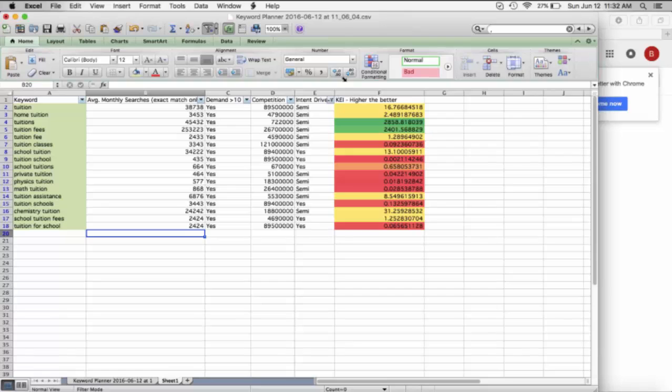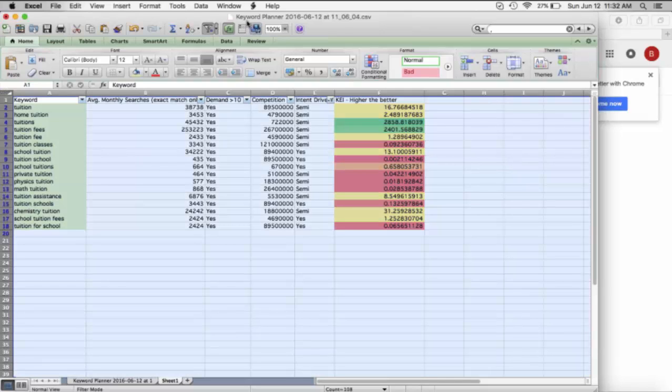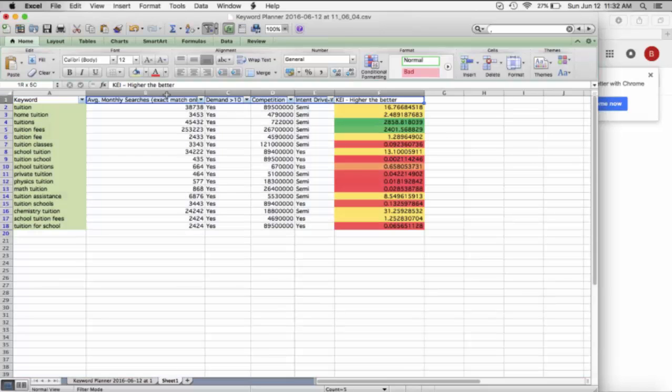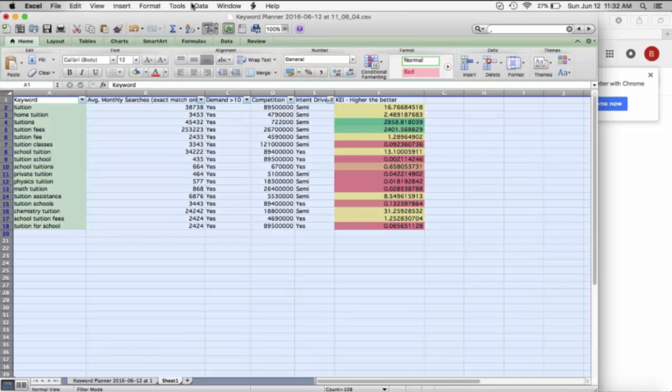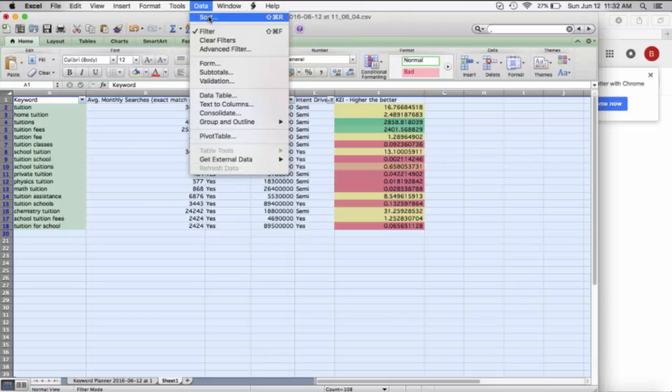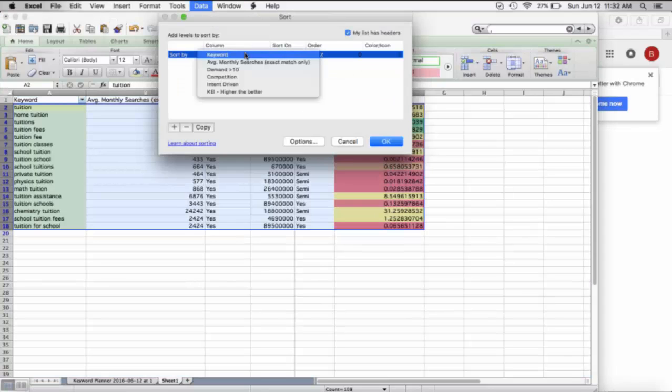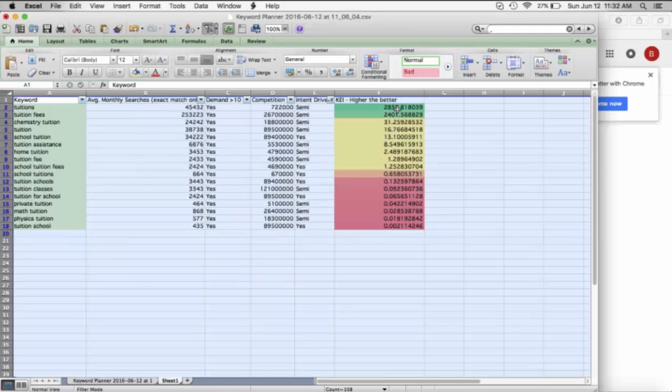Okay, so now I'll sort this from higher to lower. Data, sort, KEI, largest to smallest. So here we go.